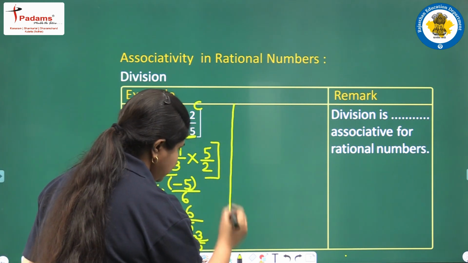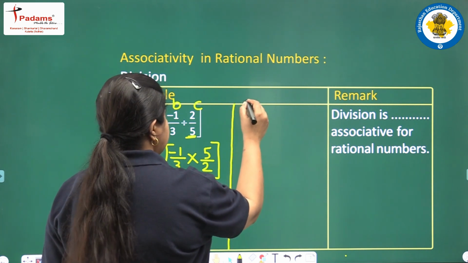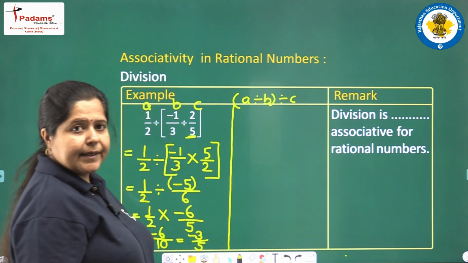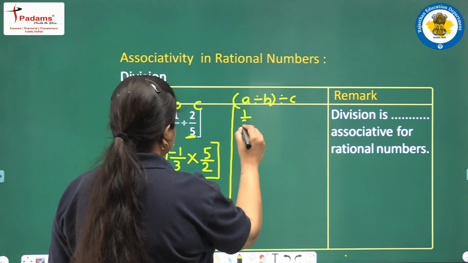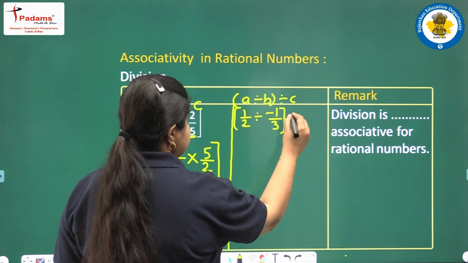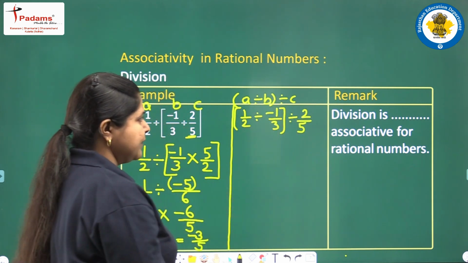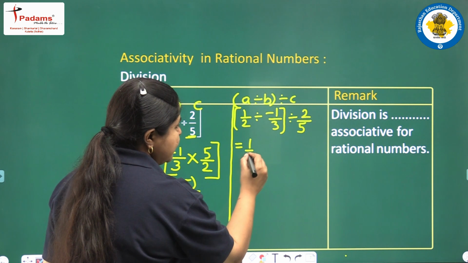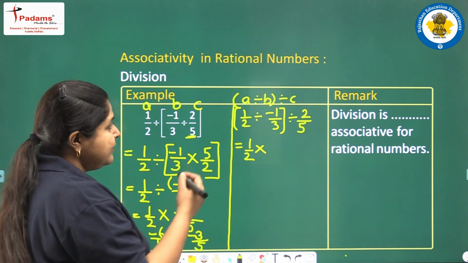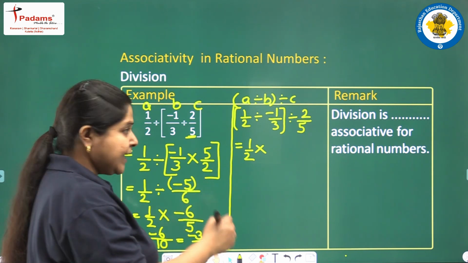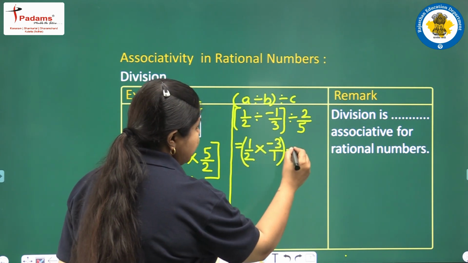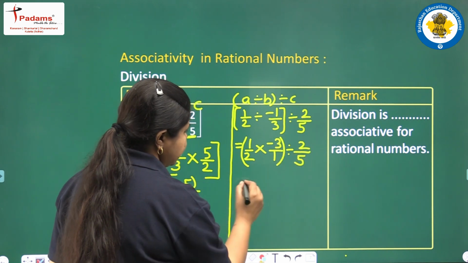Now we will change the order and take A and B first and then we will take the third number C. 1 upon 2 divided by minus 1 upon 3, divided by 2 upon 5. 1 upon 2 will remain as such. Division will be changed into multiplication and 1 upon 3 will take the place 3 upon 1, minus 3 upon 1, divided by 2 upon 5.